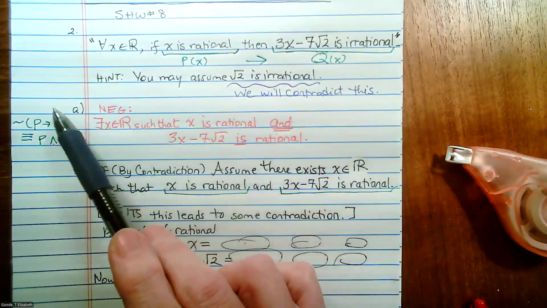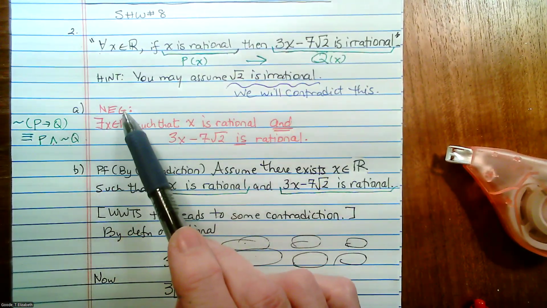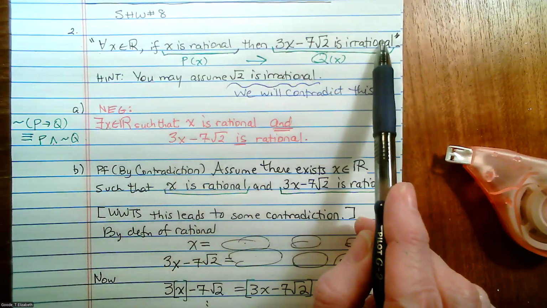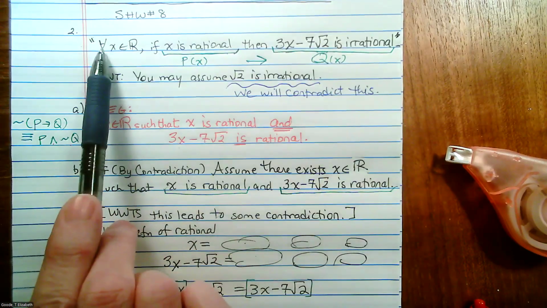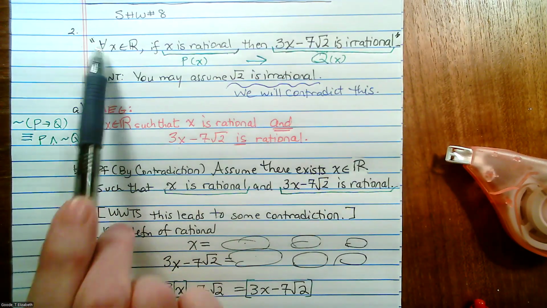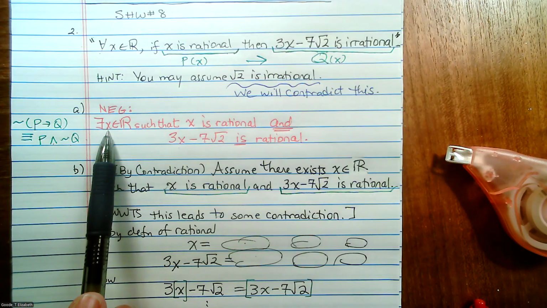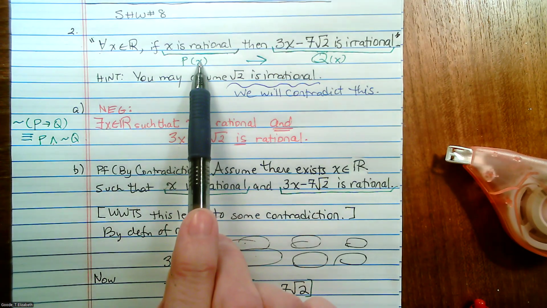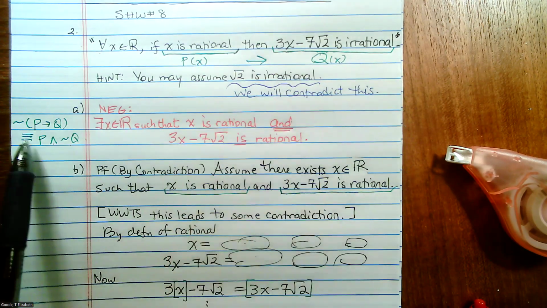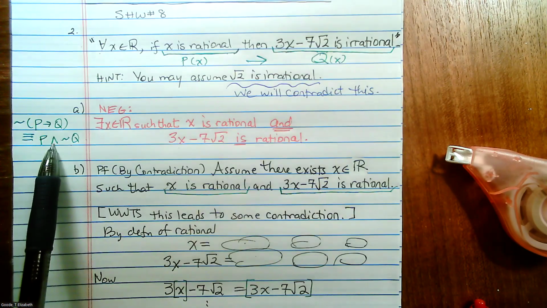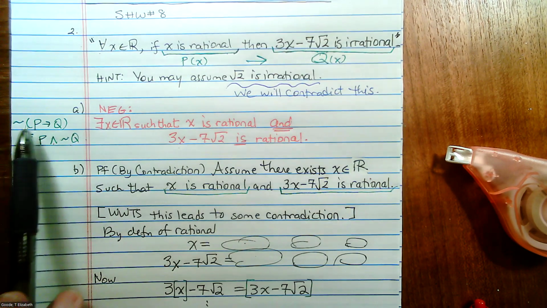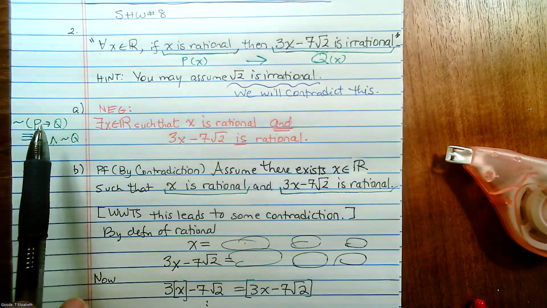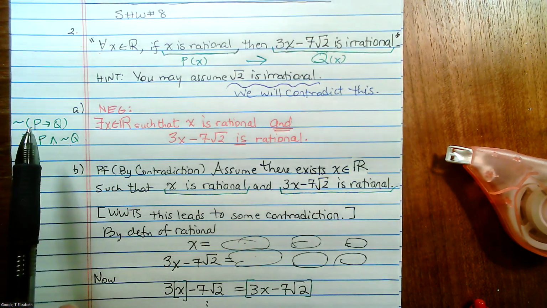The first part, A, was to please write the negation of this original universally quantified conditional. When we negate it, the for all switches to a there exists. And to negate an if P then Q, we take P and not Q. So the negation of an if-then is not another if-then, because it would be a universal, and the negation of a universal can't be universal.